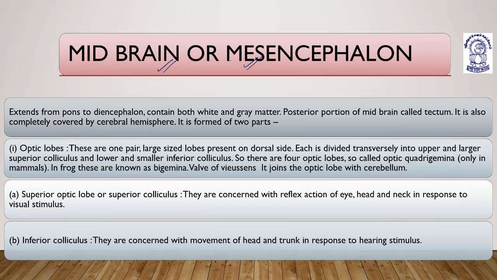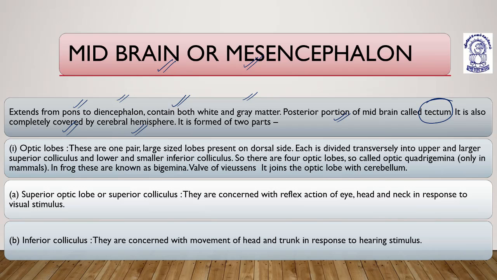The midbrain or mesencephalon extends from the pons to the diencephalon and contains both white and gray matter.